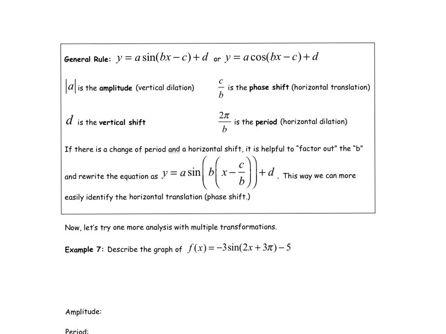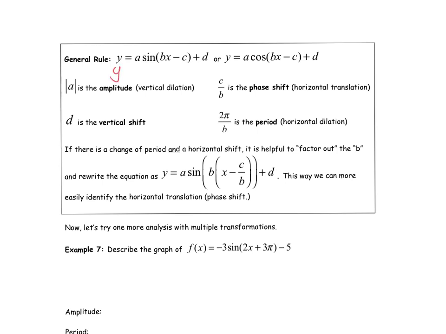C over B, where does that come from? If we have both a horizontal dilation, so B is something other than 1, and a horizontal shift, we need to factor out B, the coefficient of x, in order to get the proper horizontal translation, which is sometimes called a phase shift.